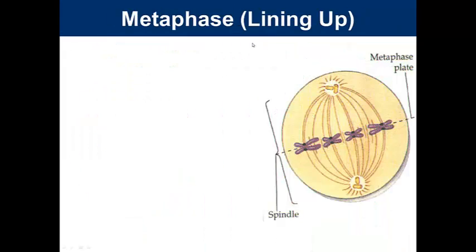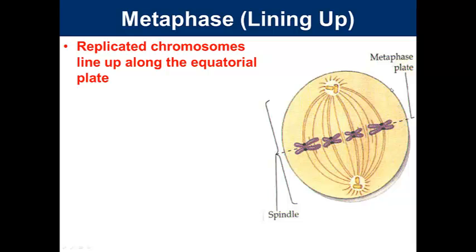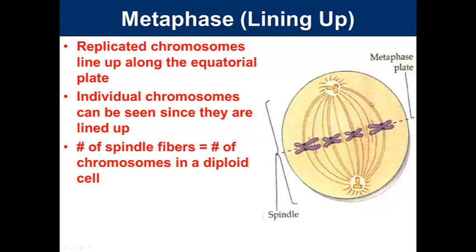Metaphase is signified by when these chromosomes line up in the middle of the cell. The middle of the cell is referred to as the metaphase plate. Replicated chromosomes line up along the equatorial plate, again the metaphase plate. Individual chromosomes can be seen since they are lined up, so you can see 1, 2, 3, 4.